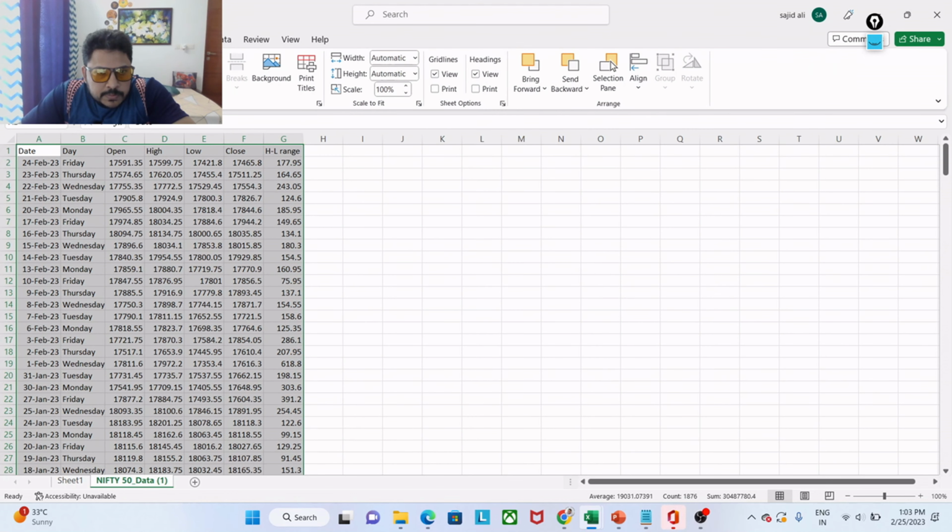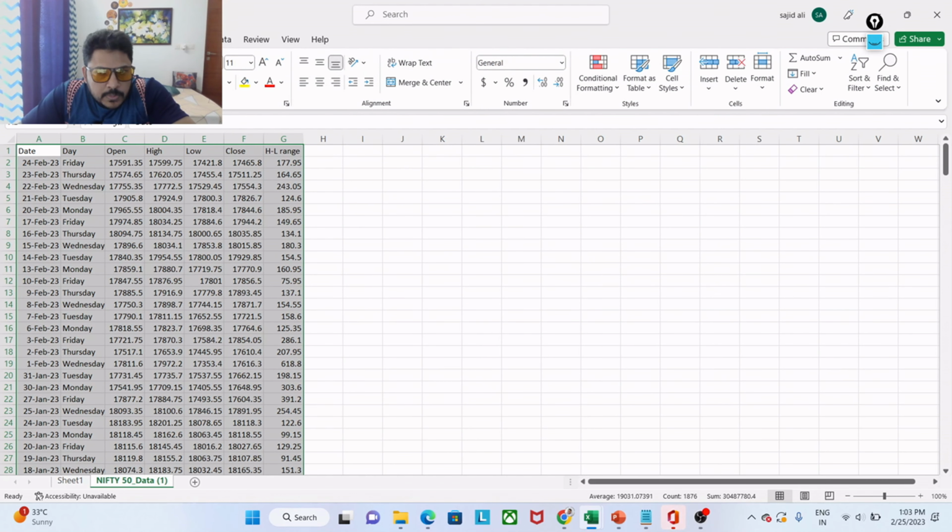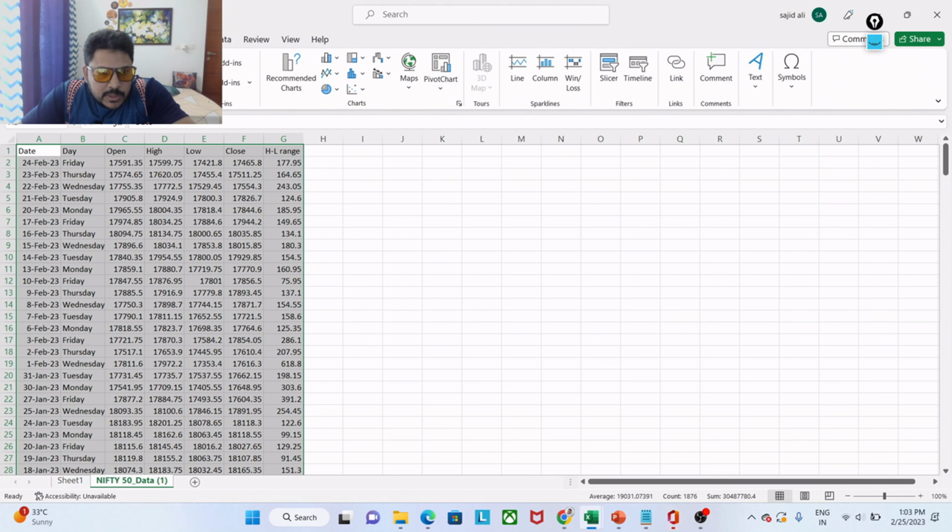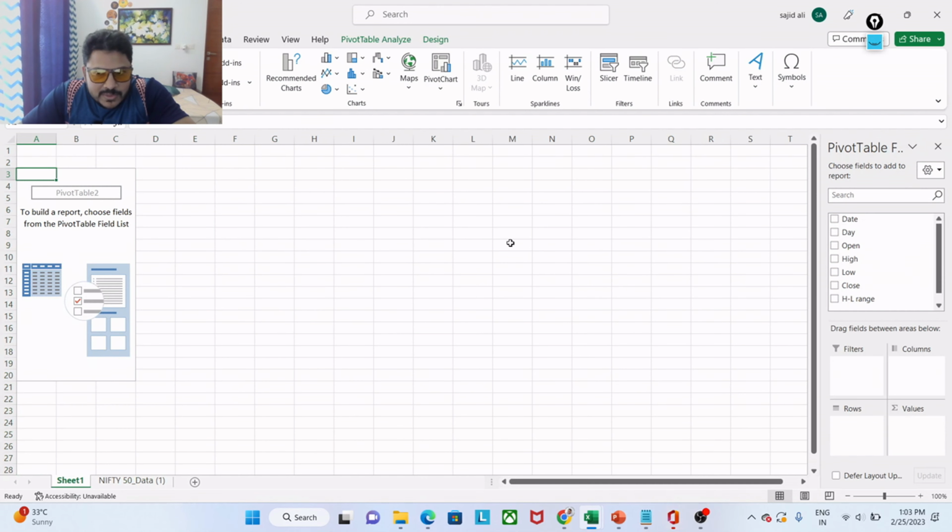Okay, now let's go to the data and try to analyze. So you can use this option to create a pivot table. Since I have started using the shortcuts, it's a little difficult for me to go and find where it is. That's what happens when you get used to it.